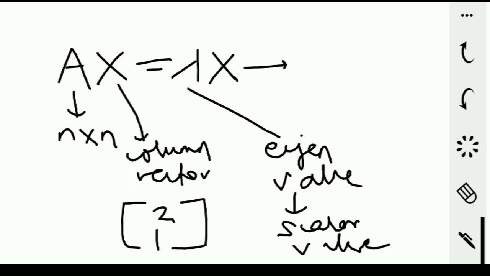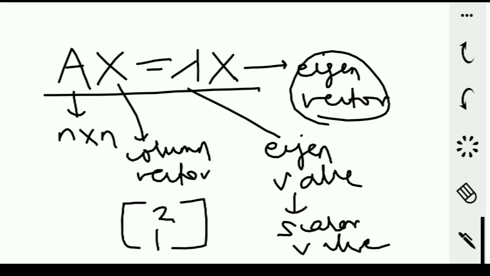And this x, our column vector, will be called an eigenvector when it satisfies this equation, that is Ax is equal to lambda x. So now from this equation we can have Ax minus lambda x is equal to 0.